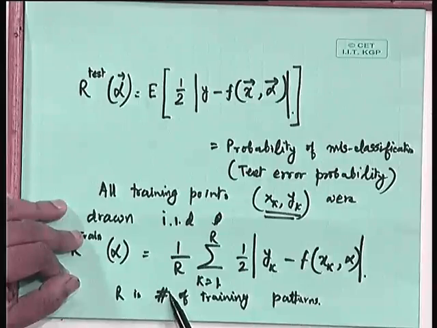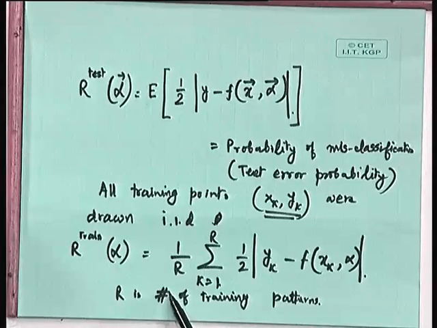Now, where is the question of the training set becoming misclassified? It can obviously happen. You are feeding the training set and adjusting the parameters, so with some set of parameters, it could be that your network is not classifying the training patterns properly.